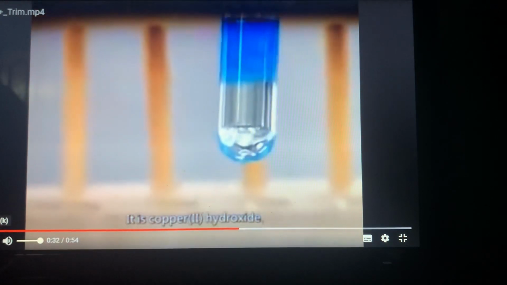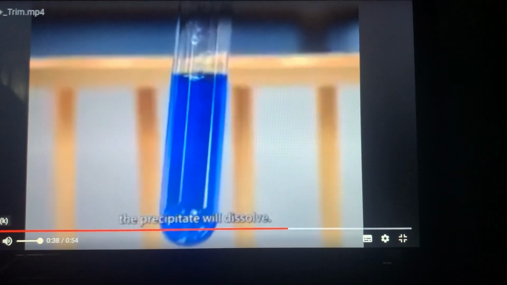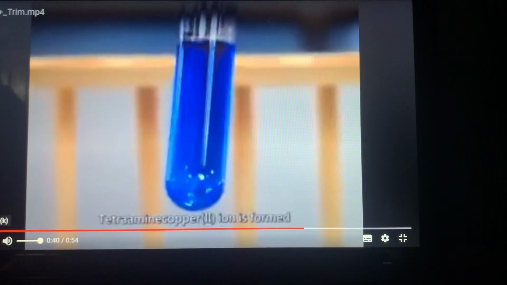It is copper 2 hydroxide. However, if excess aqueous ammonia solution is added, the precipitate will dissolve. Tetraammine copper. So this is the difference when you add excess NH3. The blue PPT earlier is dissolved into a dark blue tetraammine copper 2 ion solution. So that's Cu2+.